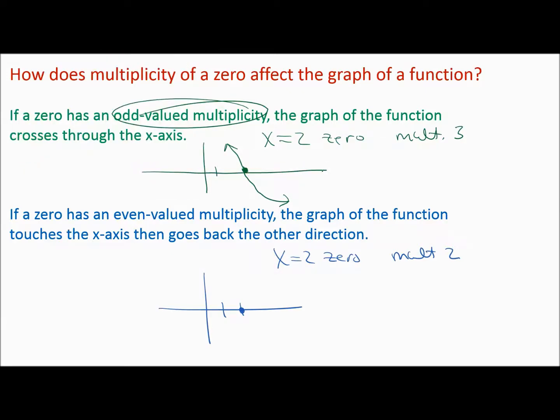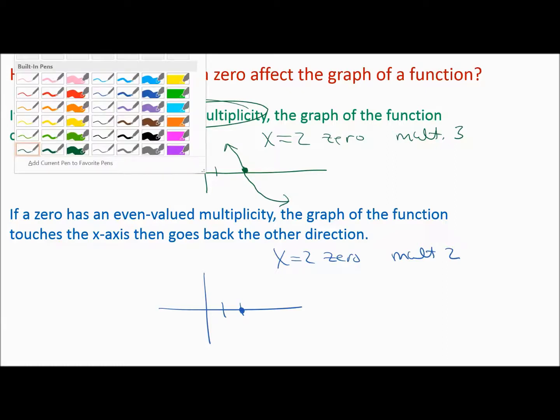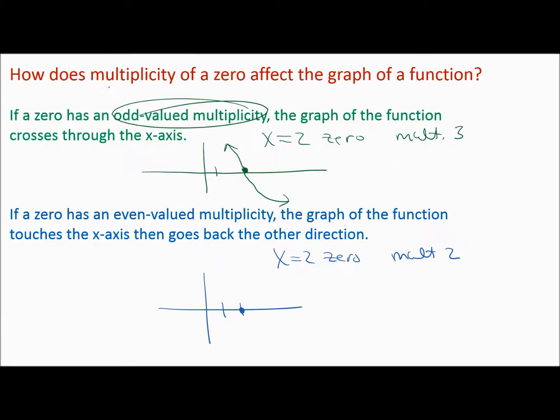Now it's at x equals 2. Okay, so for our next example, again, I'm attempting to graph at x equals 2, but this time the multiplicity is even. So let's just say the graph started on this side. The graph would touch and go back the other way. So it doesn't cross over the axis, it simply touches and goes back the other way.